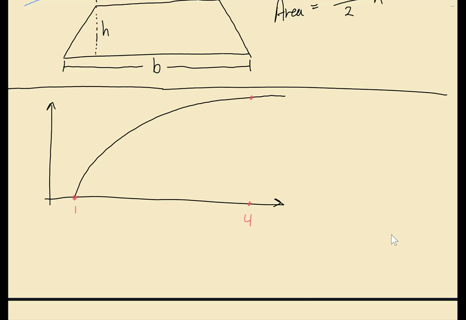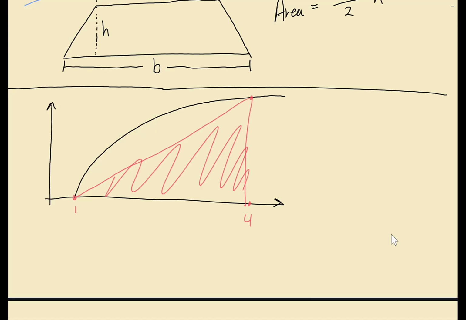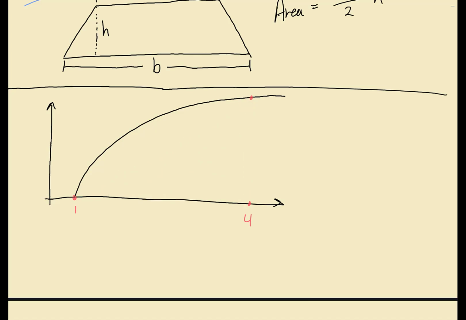If I take one full segment, it would just basically look like this, and I would approximate the area as the area here, right? But I would have a lot of error in that approximation. So instead of using one segment, we're going to be using segments where we have step sizes of 1. So I'm going to go from 1 to 2. Okay, let's say 2 is probably somewhere here. So 2 to 3 to 4.